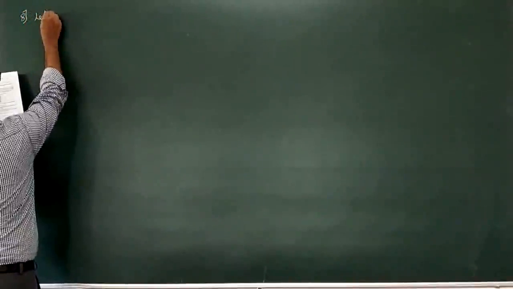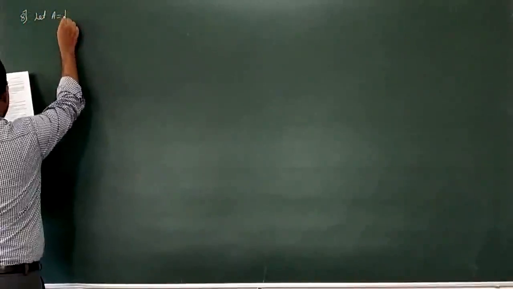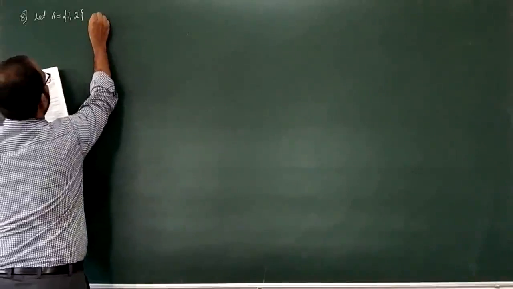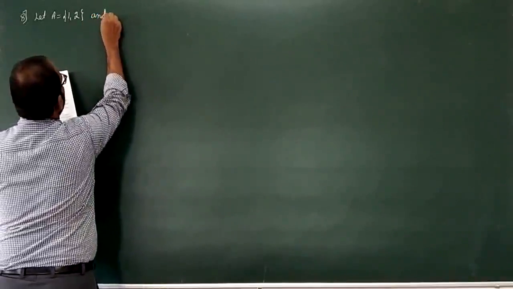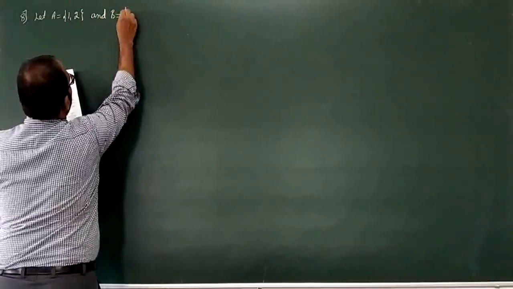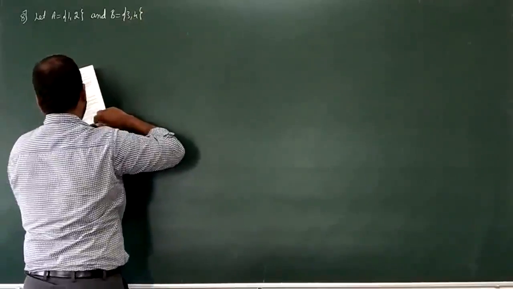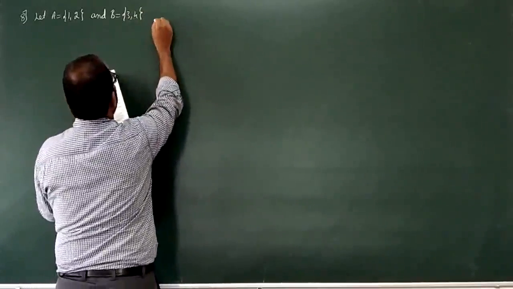Let set A is equal to {1, 2} and set B is equal to {3, 4}.